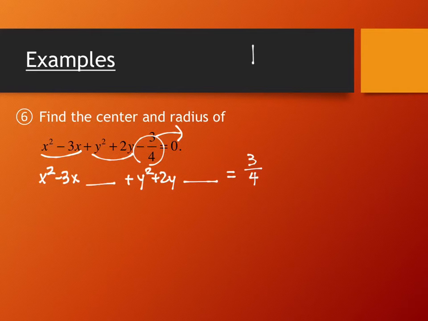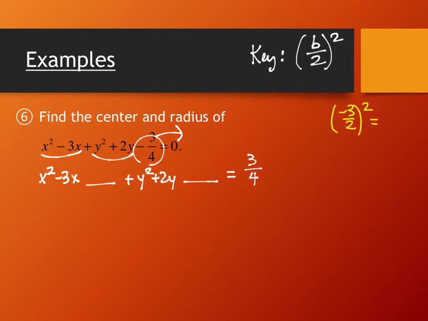Now remember, your key is to take b divided by 2 and square it. Our first b value is -3. So I need -3 divided by 2, squared, which is not a nice value, by the way. That's okay. -3 and 2 don't divide, so we just square it.